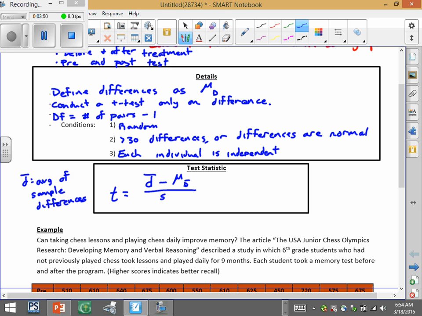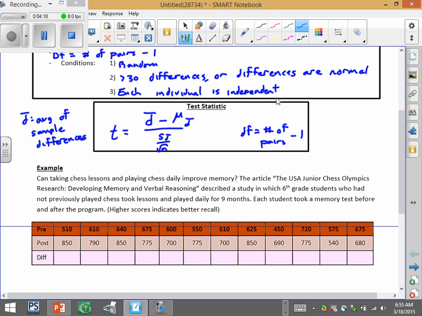The standard deviation of the differences over square root of n. So it's a very, very similar formula. And again, degrees of freedom equals number of pairs minus 1.